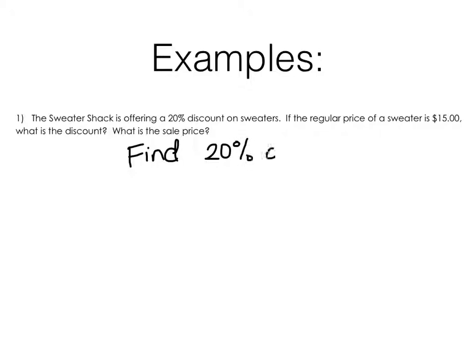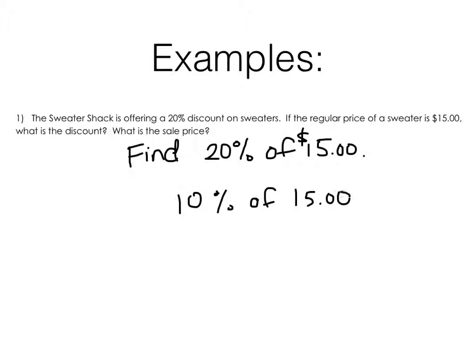So we are going to find 20% of $15. Oh, dollars, not 15%. I started to make it 15% for some ridiculous reason. 20% is a multiple of 10. I'm going to use the 10% trick here. So 10% of $15 is, move your decimal point 1 space to the left, because remember, you're making the number smaller.